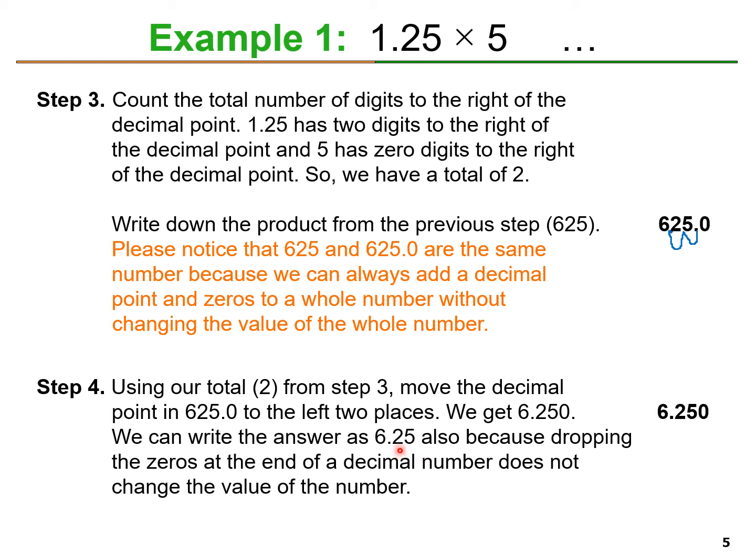And 6.25 is a better practice than writing down 6.250, unless for some reason we were trying to show the precision in our answer. We are finished. Therefore, 1.25 times 5 is equal to 6.25.